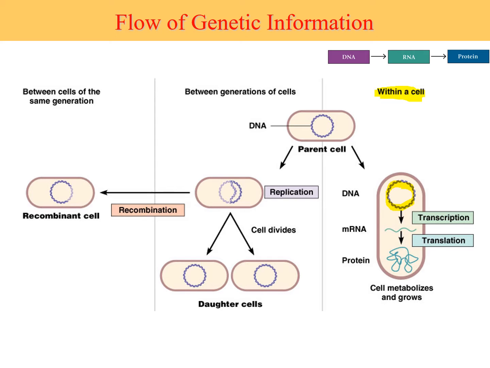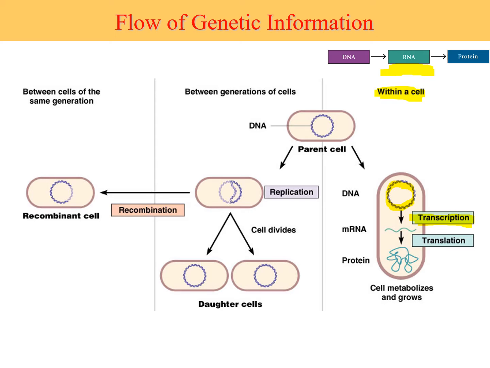So all the information is in the DNA, in the genome. There are genes in that DNA, and when a gene is activated, it is transcribed. So transcription is the information in the DNA, in a gene in the DNA, being used to generate a molecule of RNA. And usually that would be a messenger RNA molecule.